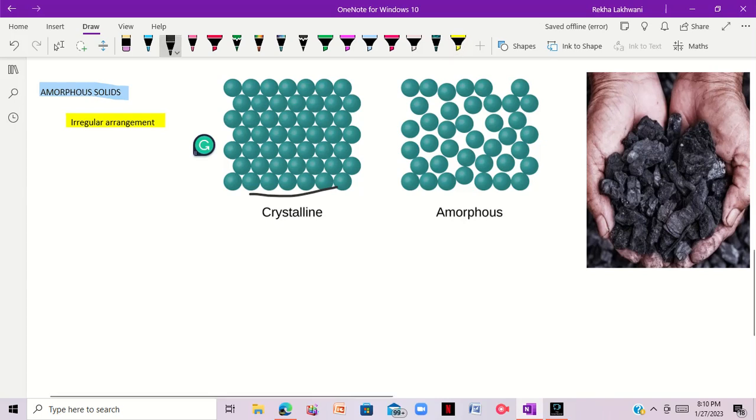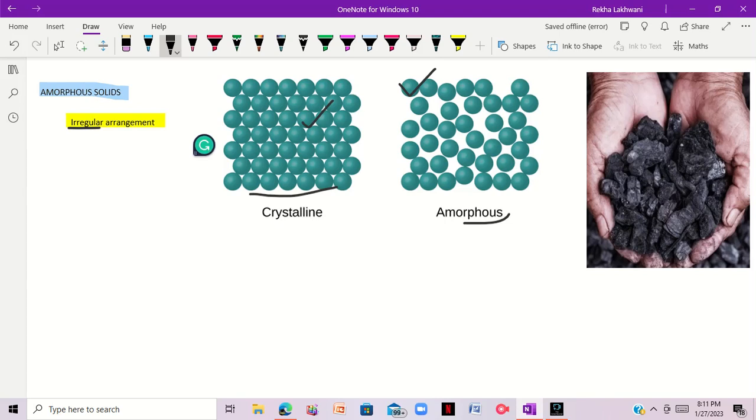As you can see in this diagram, this is regular, but this is an irregular arrangement. This irregular arrangement is known as amorphous solids.